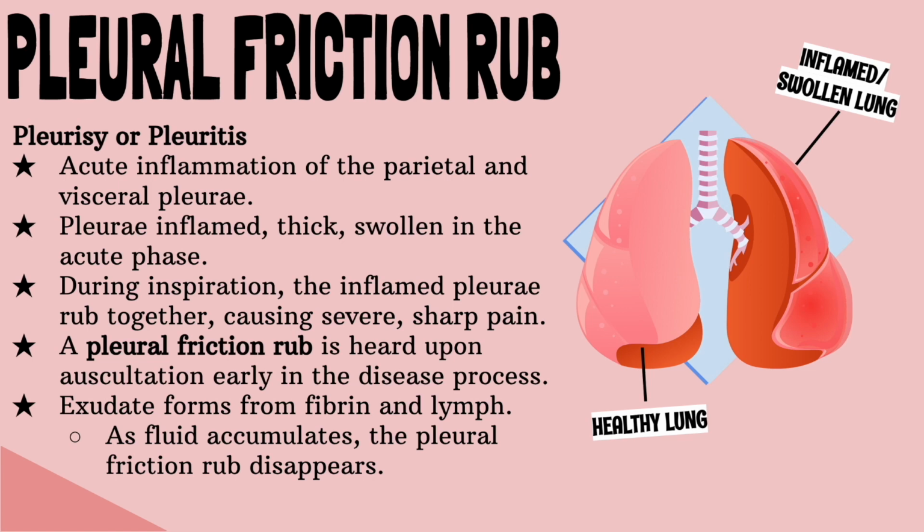So when this person inhales, the inflamed pleurae will rub together, causing them to feel severe sharp pain. Now, pleural friction rub is only heard early in pleurisy. The reason why is because later in pleurisy, fibrin and lymph will cause exudate to build up in the lung. As this fluid accumulates, the pleural friction rub will begin to disappear.